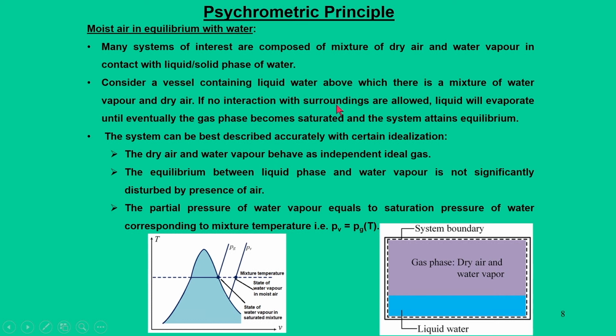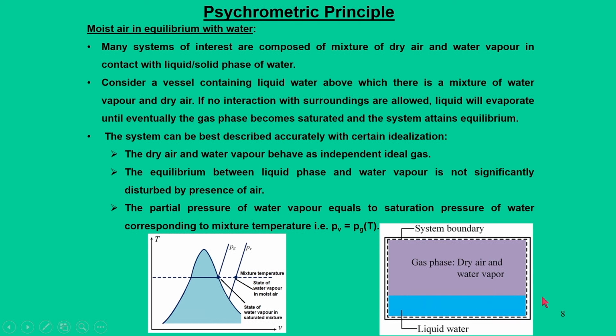If no interaction with the surroundings is allowed, the liquid will evaporate and eventually the gas phase becomes saturated and the system attains equilibrium. This experiment can be done in a closed container: if we put in some liquid water, half filled, and keep it, after some time we find two distinct phases.